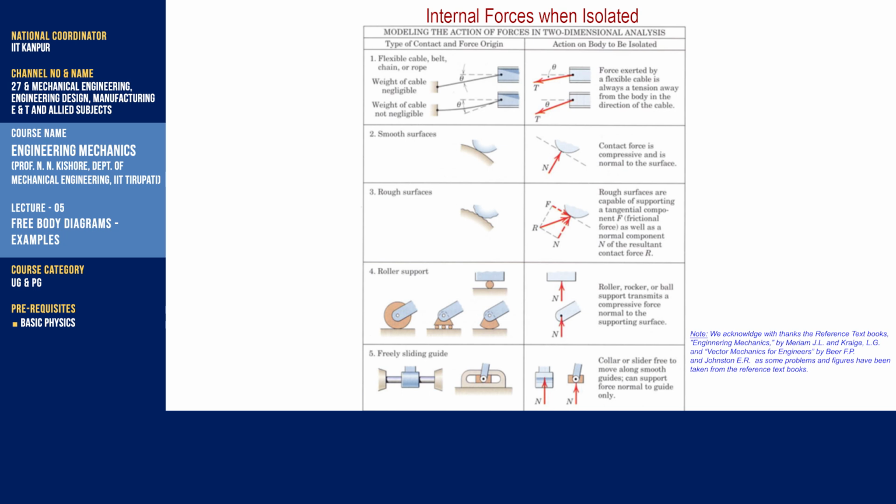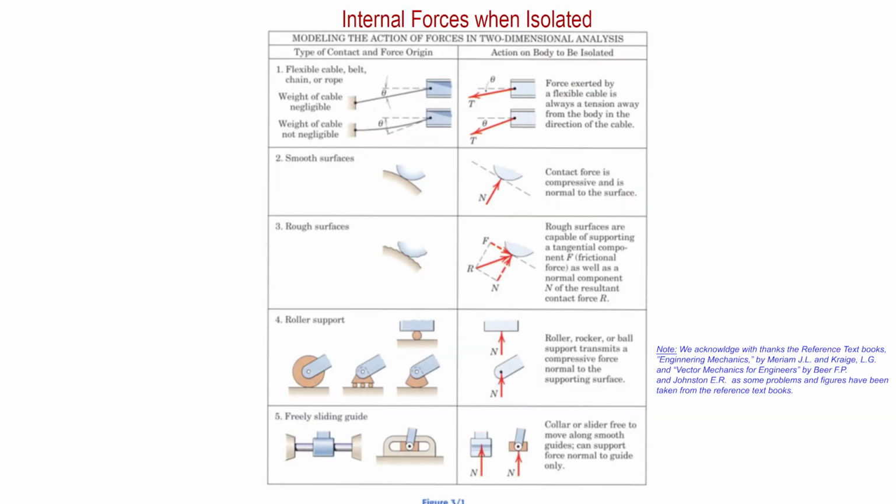Whenever you have that, you can remove the slot part of it, and on the block, you can replace it with a normal reaction. And of course, if there's friction, then you may also have to include F. Okay, next. Please look into these things.